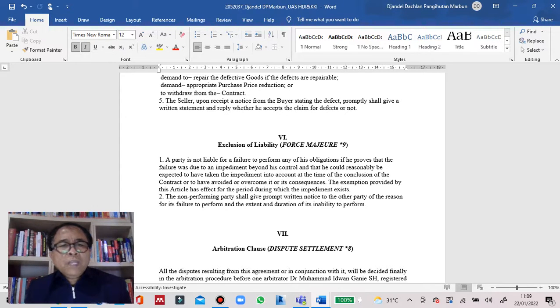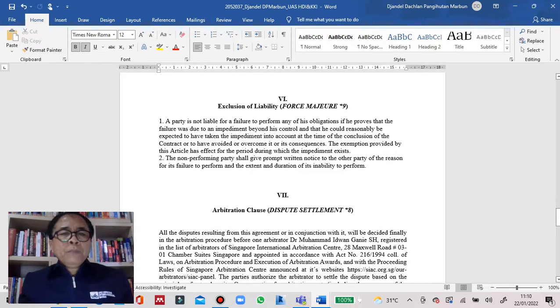The exemption provided by this article has effect for the period during which the impediment exists. The non-performing party shall give prompt written notice to the other party of the reason for its failure to perform and the extent and duration of its inability to perform.